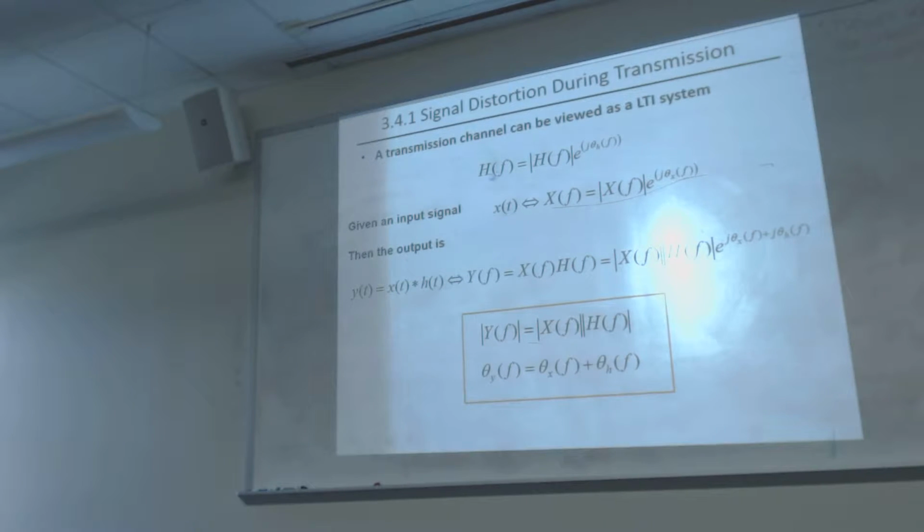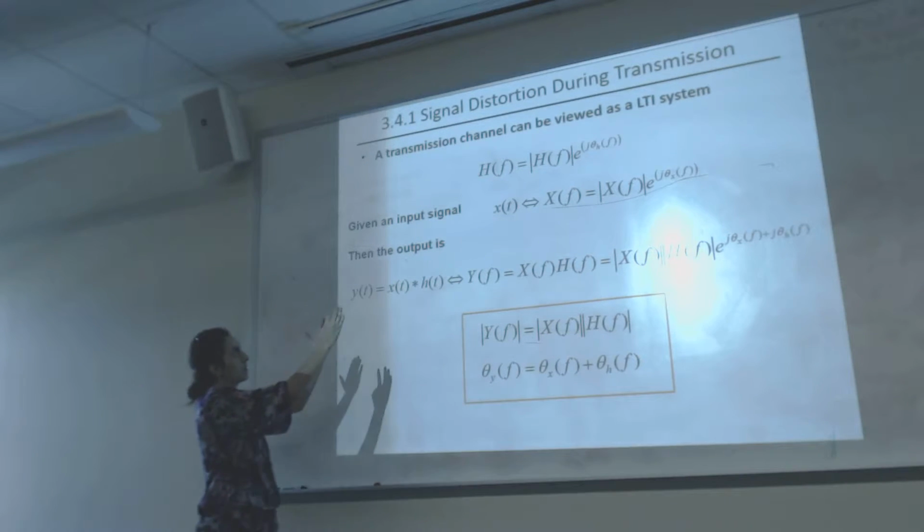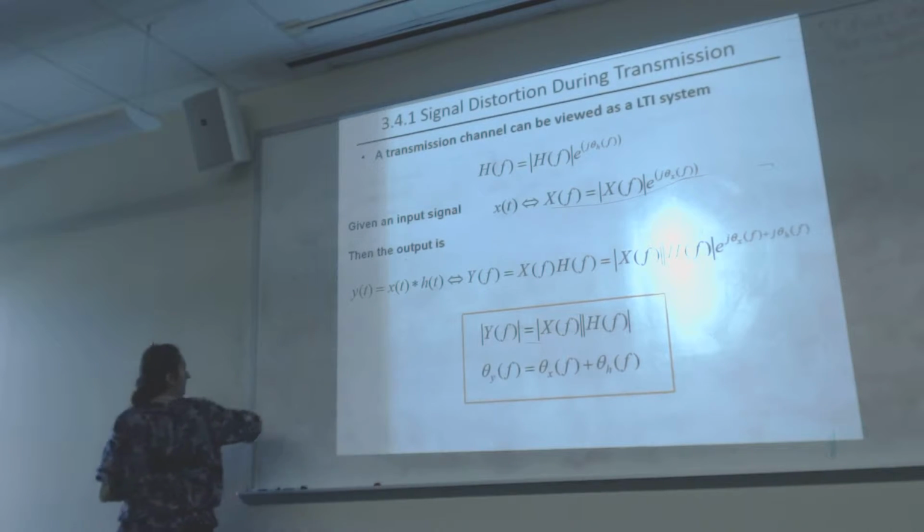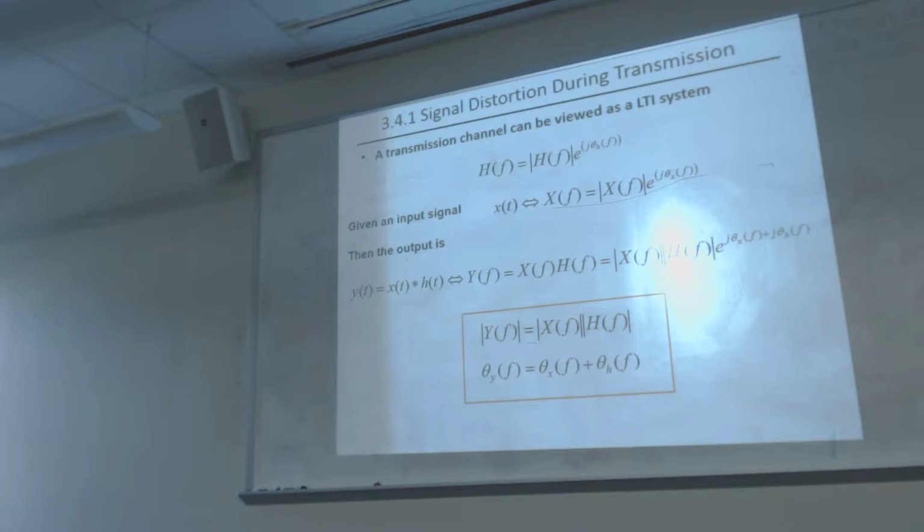So this is h, the transfer function. We can write it as a magnitude times e to the power of j, the phase of h. And then for x and y, we can do the same thing, and this is the result that we got. The magnitude of y is equal to the magnitude of x times the magnitude of h. The phase of y is the phase of x plus the phase of h. This is the notation that we use.